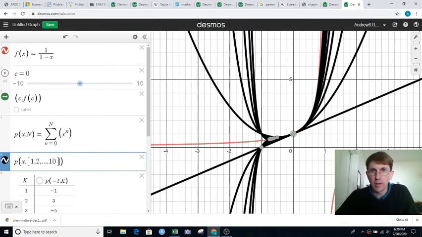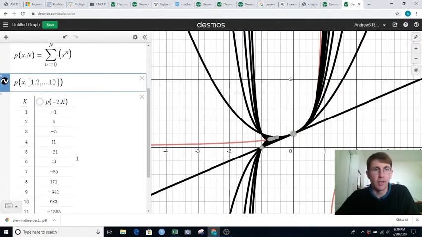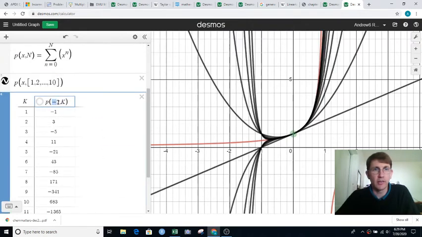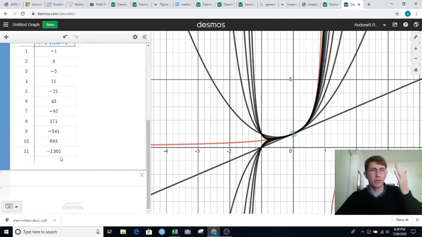There we go. So the curve is getting closer and closer to the line over here, but it doesn't seem to be getting close to the line over here. That's the second order, that's the first order, but then third order, fourth order, etc. is up here. And if I look at the value at x equals -2, that would be over here. As we increase the number of terms, the answers we're getting just seem to be oscillating positive and negative and getting bigger and bigger.